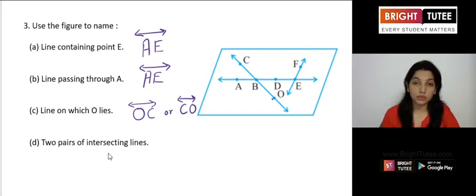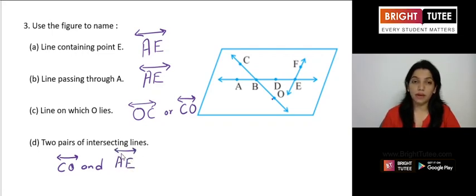Any two lines that have got a point of intersection. So we can clearly see that we have got 2 points of intersection. The first one is line CO and AE.